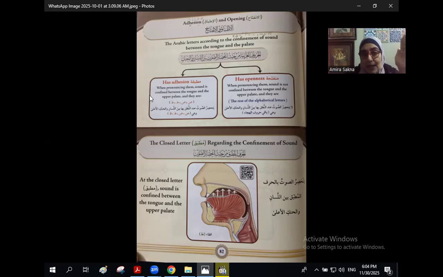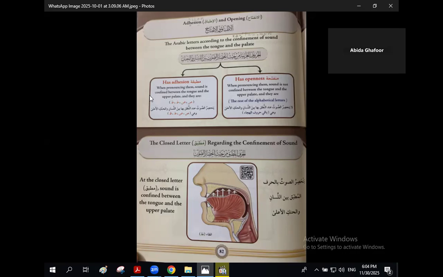With isti'la, the sound is directed to the dome of the palate, and that's why there will be echo and there will be tafkhim. With lowering letters, the sound does not rise to the dome of the palate. It descends. That's why there will be no echo, and those letters will have tarqiq, or will be muraqqaq, light.